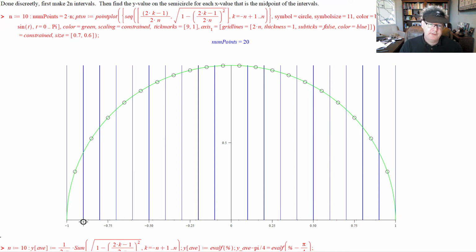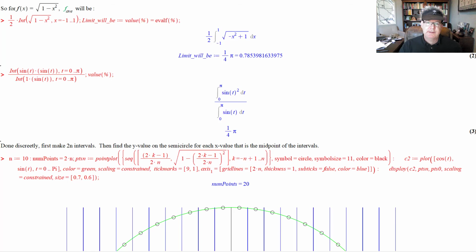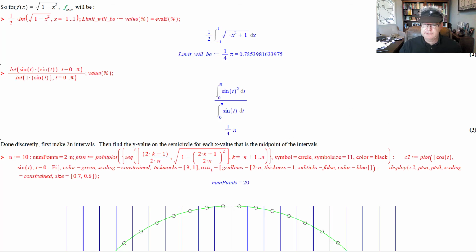So this is the top half of the unit circle. And if I take 20 points equally spaced and average them, they're going to be close to what I'm calling the average with respect to x. And the more points you take, the closer it's going to get to pi over 4. That's what I'm saying is the average with respect to x.